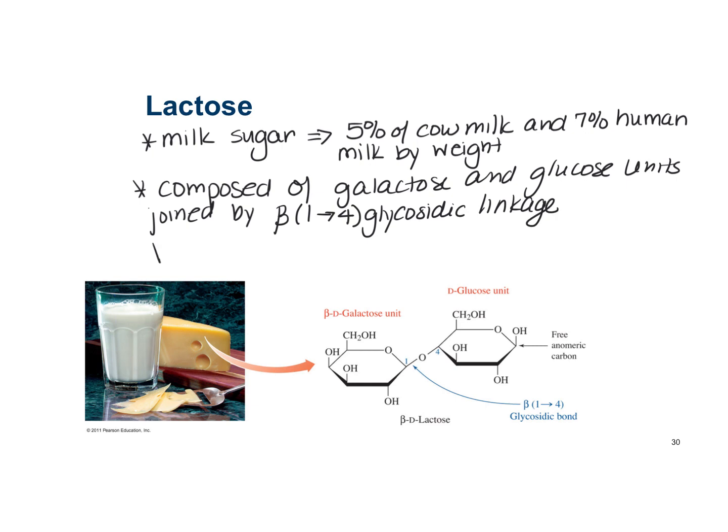It's a reducing sugar because it has that free anomeric carbon. All right, so here is our free anomeric carbon, and so that's why it's considered to be a reducing sugar. And of course, this is found in foods like milk, cheese, those types of things.